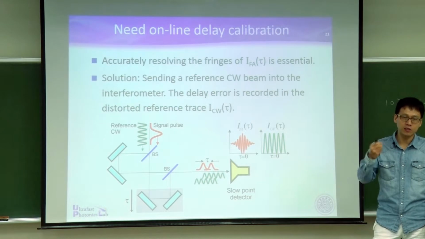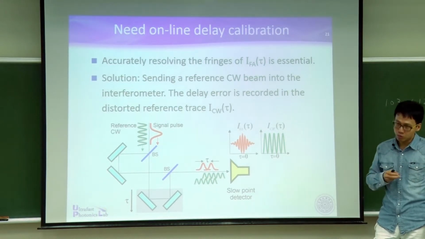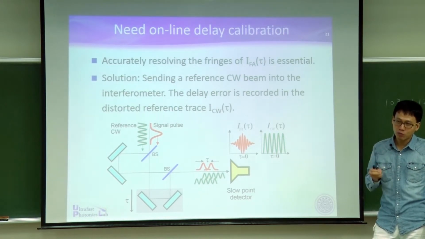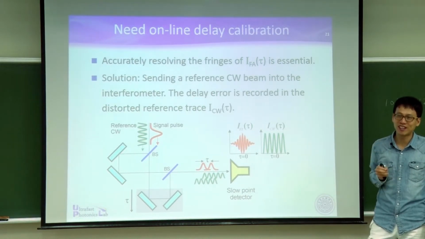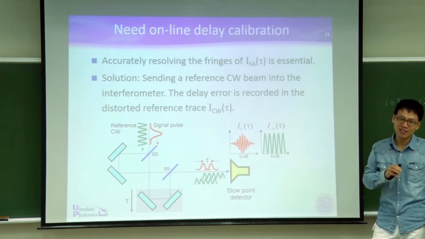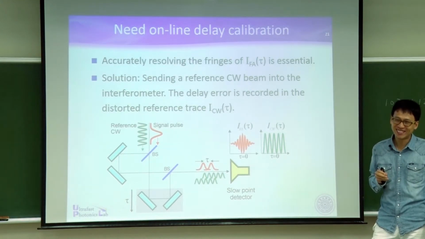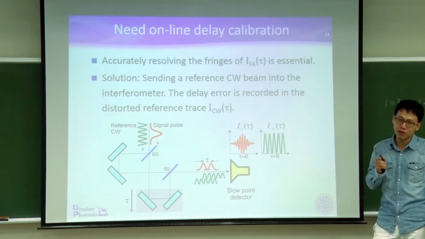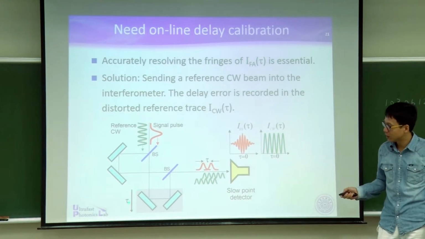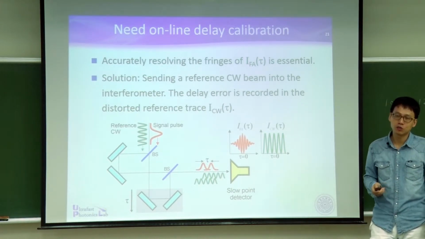You can send a signal, the stage will move. Hopefully, it moves at a constant speed as you specify. But in reality, it's rarely like that. So your data, your autocorrelation trace must of certain error due to the error from the translation stage.